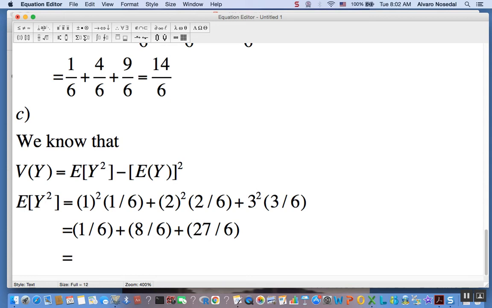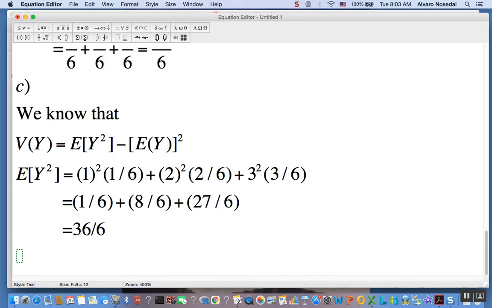So this will be 36/6, right? Okay, let me leave that like that. Why? Because the expected value of Y happens to be 14/6, so we're going to be squaring that, so it might be a good idea to leave this like that. Okay? Okay, here we go.